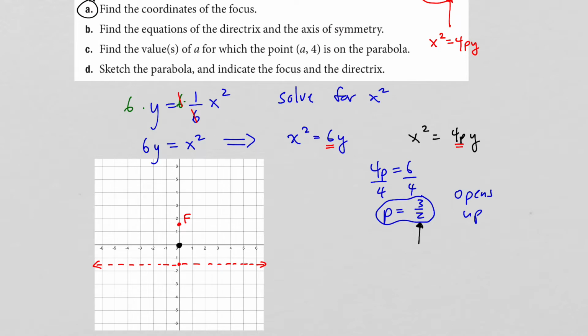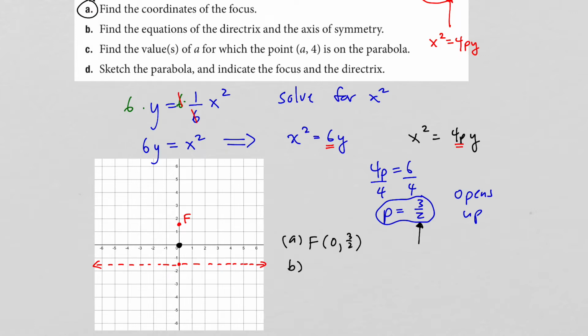So now, what are the coordinates of the focus? We should be able to give that now. The coordinates of this point are x equals 0 and y equals 3/2. So for part A, we can say the focus has coordinates 0, 3/2.